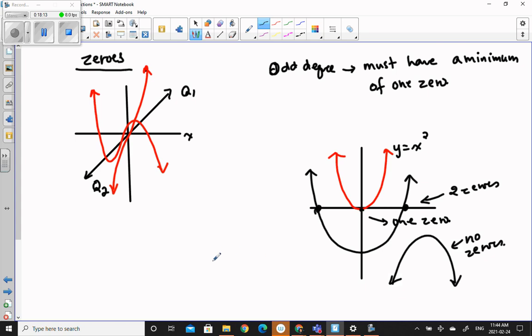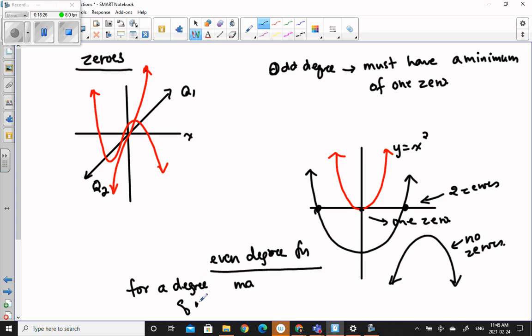So for even degree functions, for a degree of n, you can have a maximum of n zeros, right?